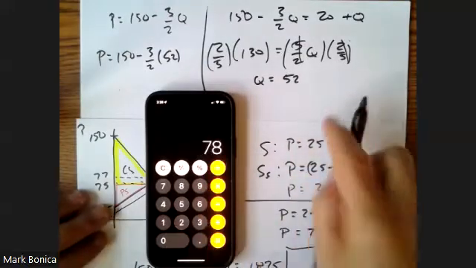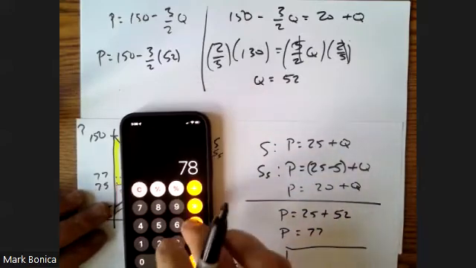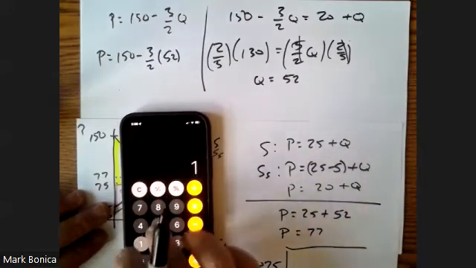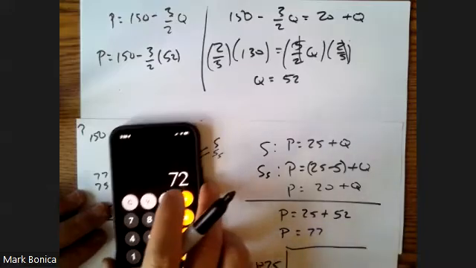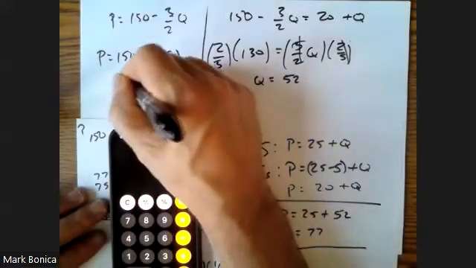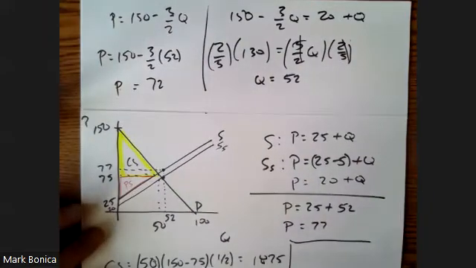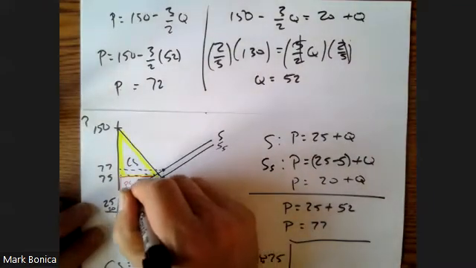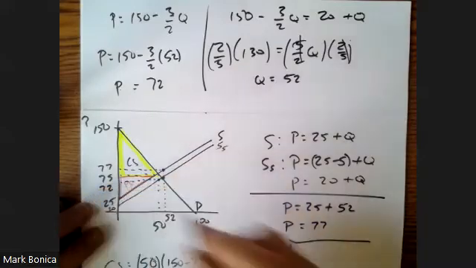I guess it's not that funky, 78, right? And then make it negative plus 150, we get 72. So we draw this line over and we get 72.